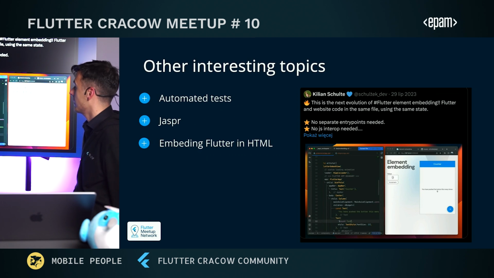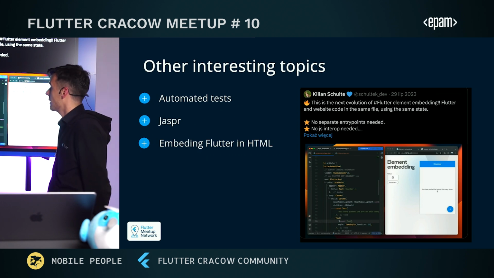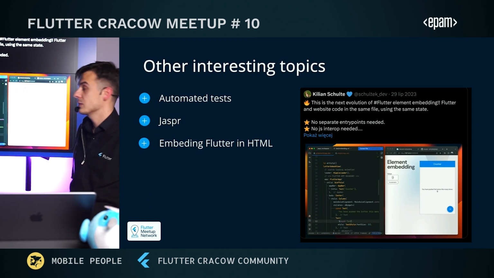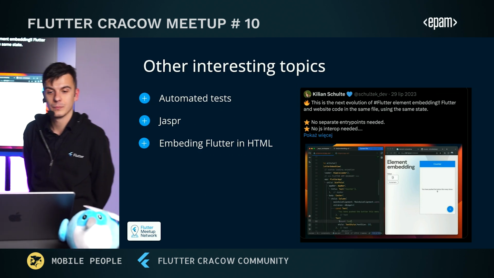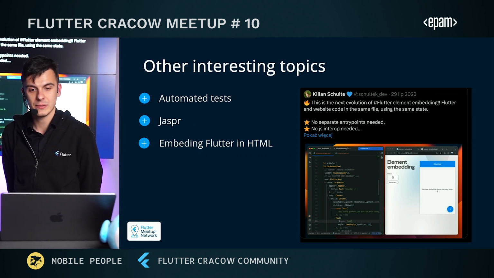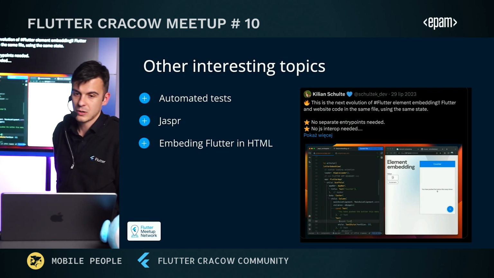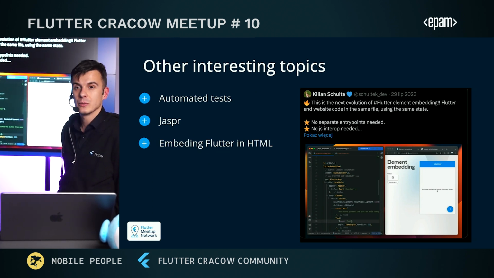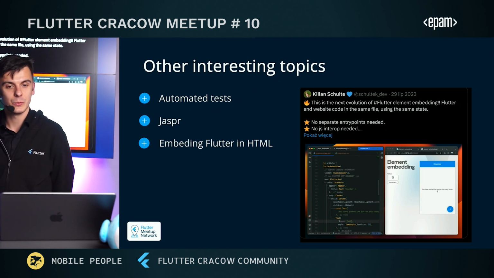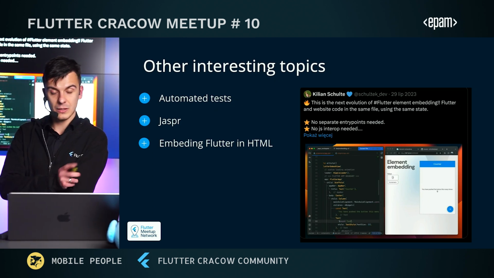You could do a regular integration test, although I did have some problems with that previously. For example, my builds were crashing, or I had problems configuring it on CodeMagic, so it wasn't very easy to get around.